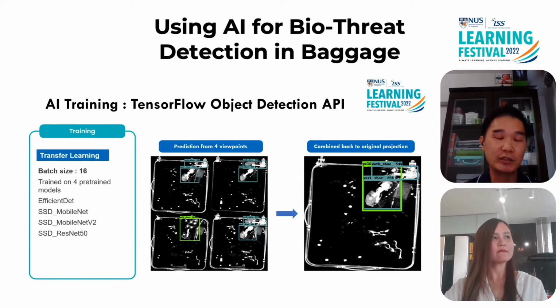The good part about this technique is that even though originally this golf shoe was being blocked by the walking shoe on top, after slicing, we are able to unblock this golf shoe. And because of our clever post processing, you only need to detect one out of the four in order to detect the intended object. You don't have to detect it at all four different viewpoints, but you need to detect one out of four.